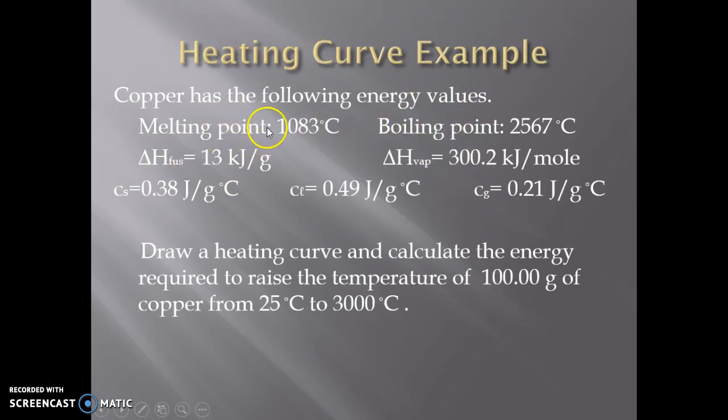That lets you know where the plateaus are. We want to draw a heating curve and then calculate the energy in order to go from 25 degrees, which is below the melting point. So we have solid copper. We're going to take it up to 3000, which is above the boiling point, so we've got a gas. So we have to traverse all 5 sections of that heating curve.